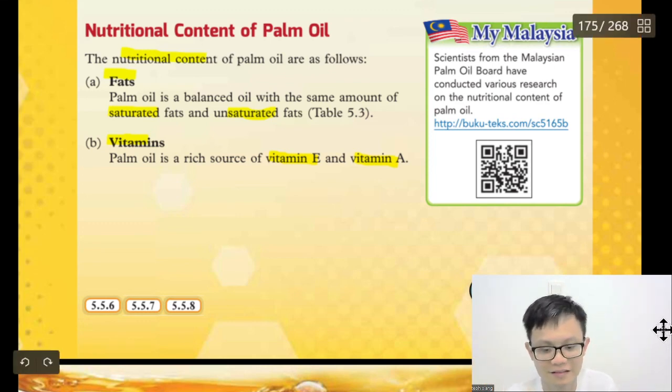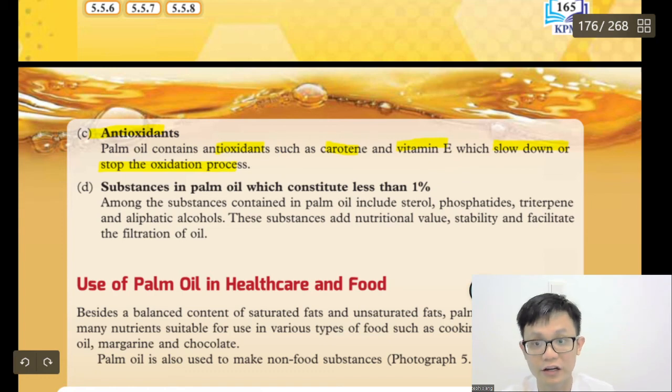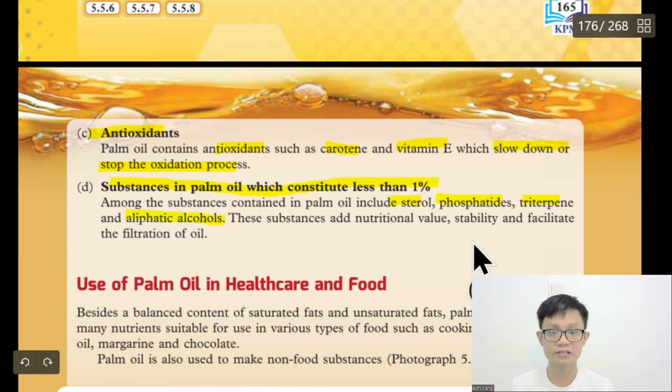Okay, antioxidant really covered, and then substances in palm oil considered less than 1%. Among the substances contained in the oil are sterol, phosphatide, triterpene, and aliphatic alcohol. These substances add nutrient value, stability, and facilitate the filtration of the oil.